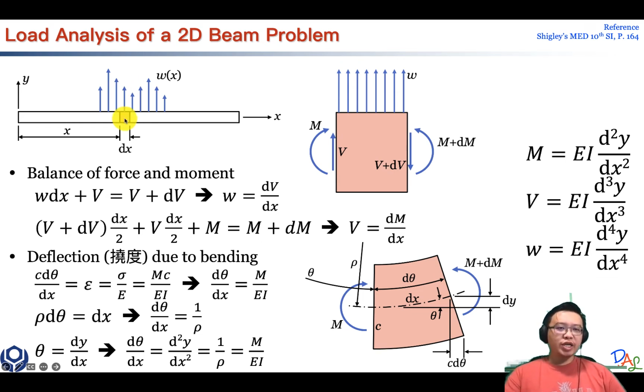Right here we are analyzing at position x, so the distributed load has a magnitude of w. That's why we have w here.